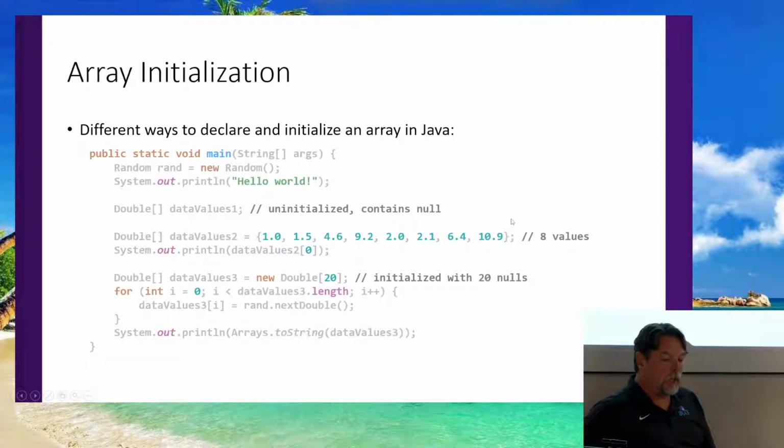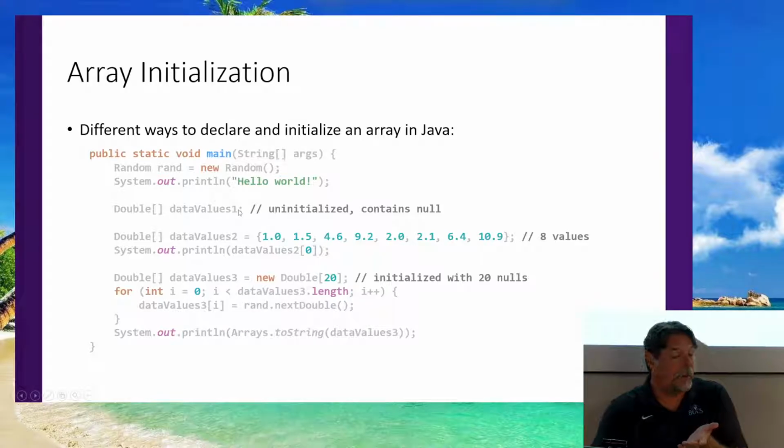So here's an example of initializing the array. Java does provide, even though it doesn't do it for us, some interesting syntax that allows it to be convenient. If you don't want to create a loop, you can use the curly braces in an initialization instruction. So the data values 1 is just what I illustrated earlier.